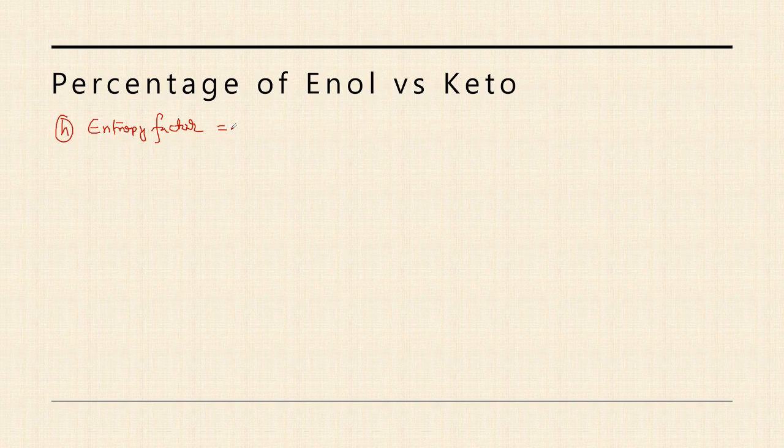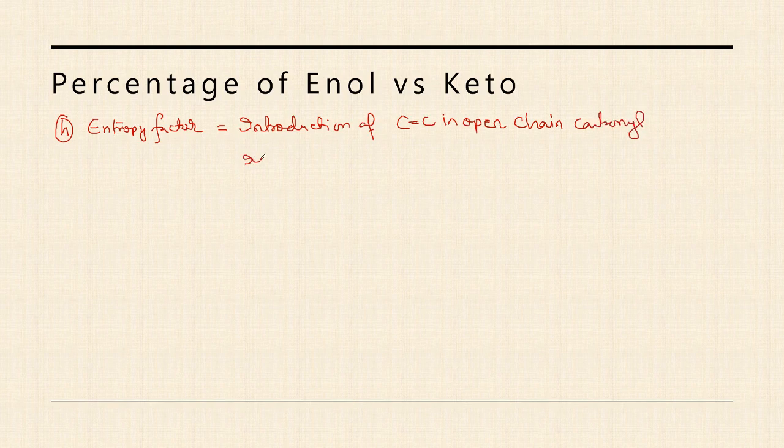So when you introduce a C double bond C in an open chain carbonyl, okay, introduction of C double bond C in open chain carbonyl reduces its conformational freedom.